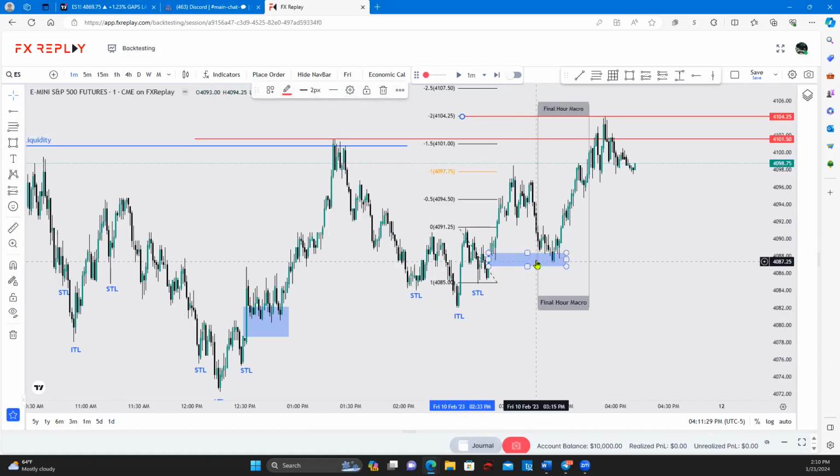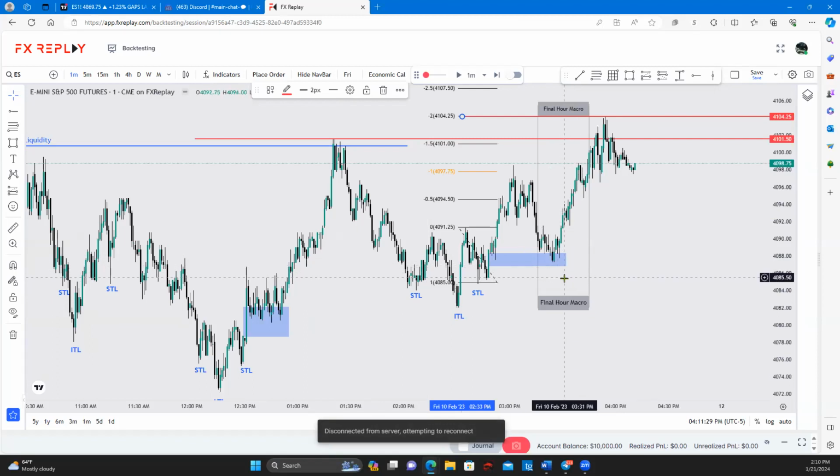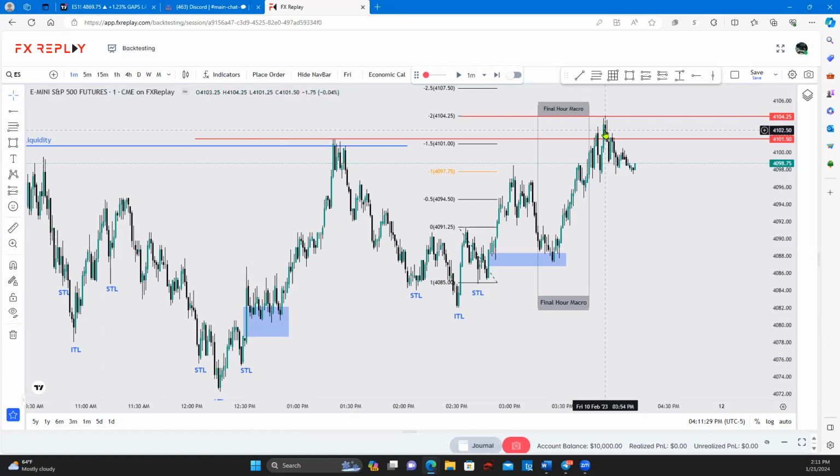Boom. So here we have the last hour of macro, right? Market on close. And if we look at the high of the day, again, we're going to look at this number here, the H, the high. So if we look at the high of the day, it comes in at 4104.25, right?